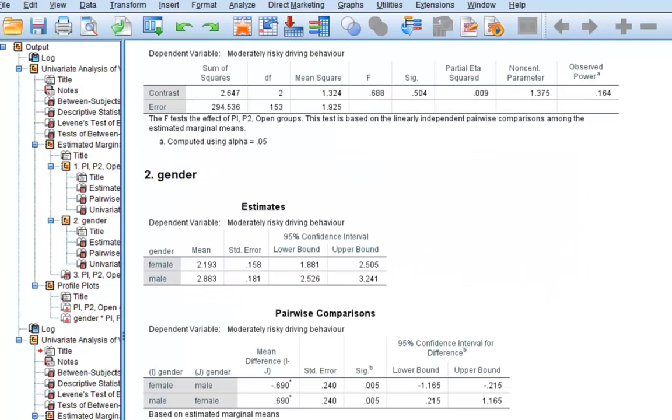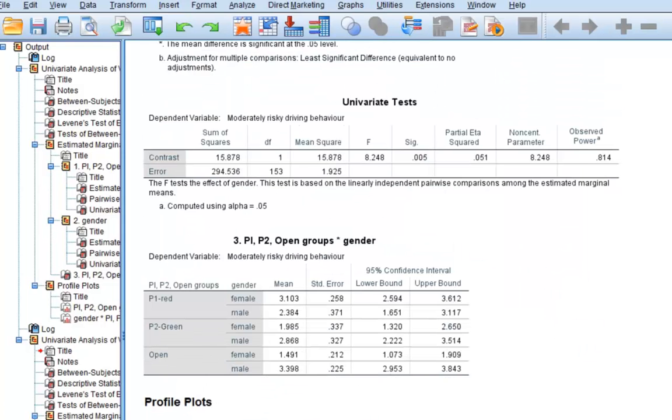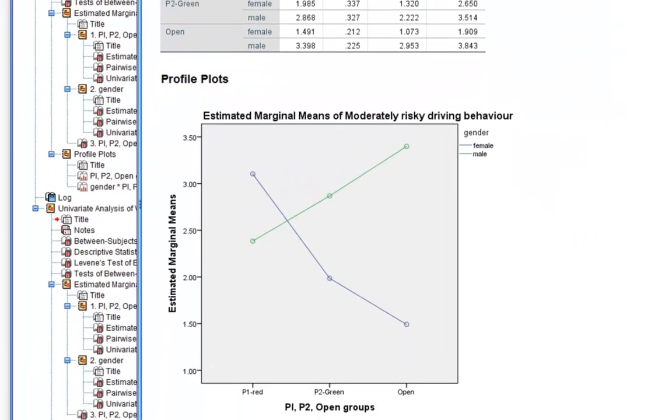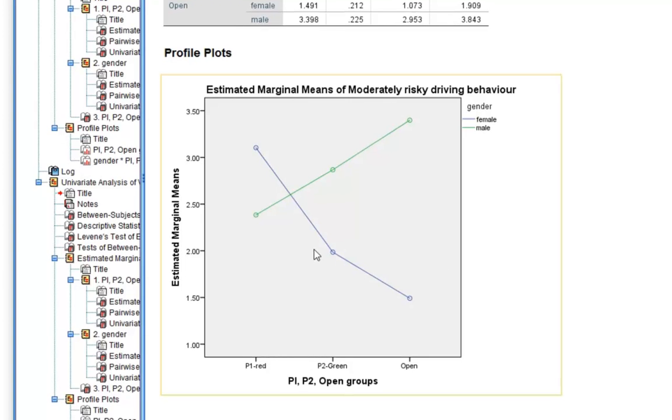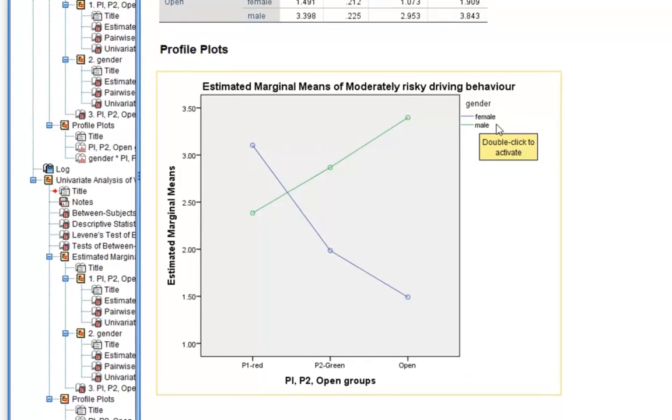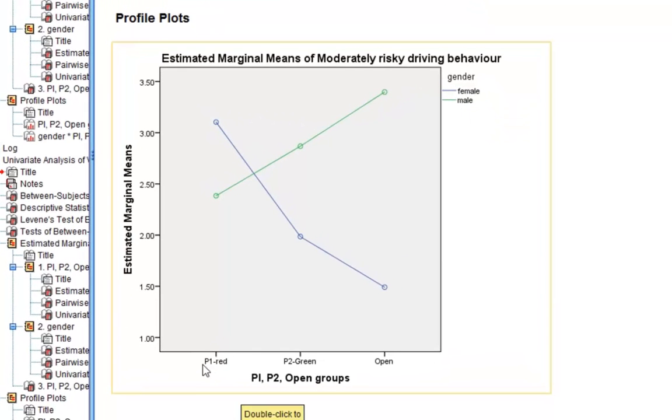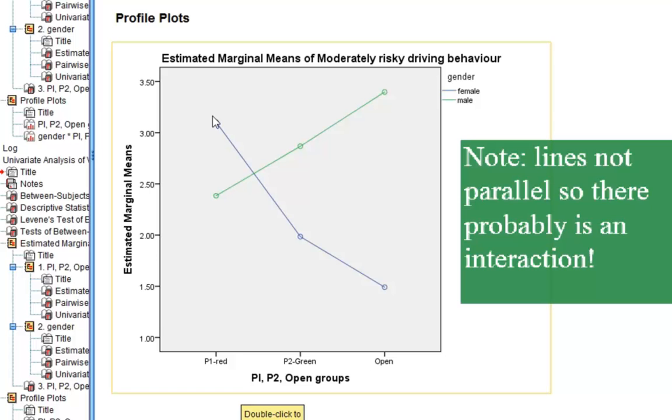So the way I've run it so far, well, if I go down to the interaction, now the plots are really helpful. Because if I look here, so this is the one where I've got men and women on different lines, and across the horizontal axis is license group. That's a fairly useful way of presenting it. At P1, women are scoring higher than men.